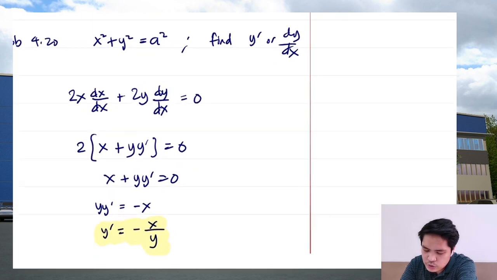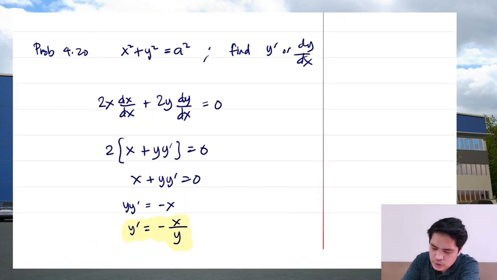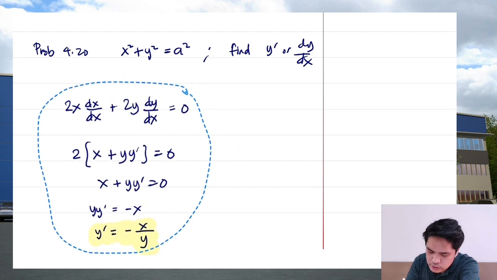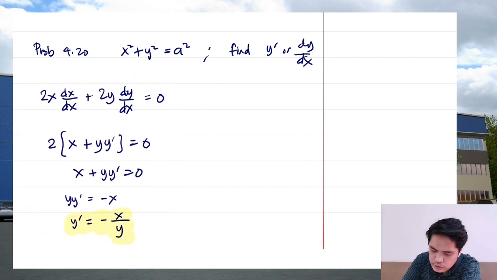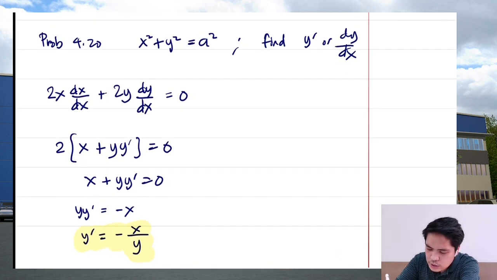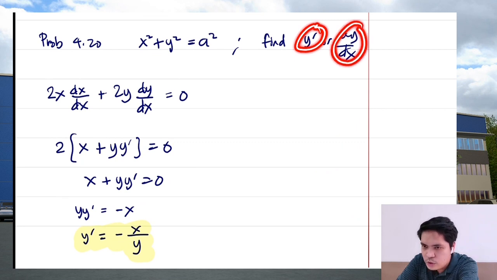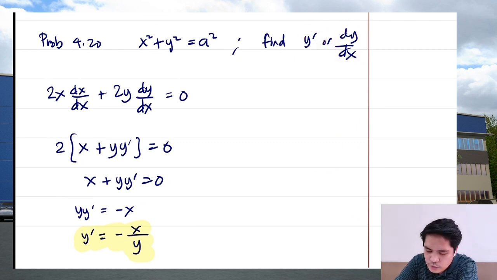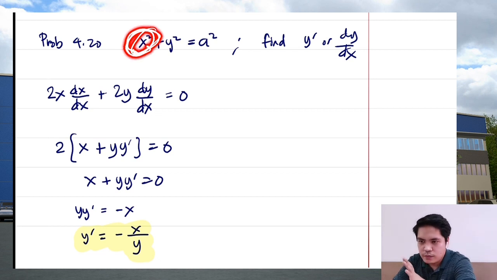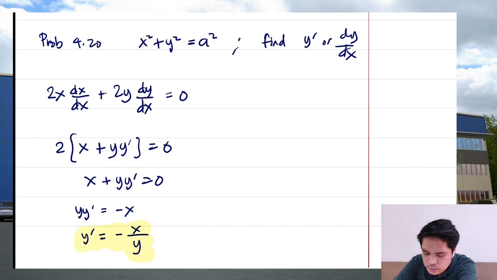Okay? So to make our very detailed solution short, we can just remember this. If we are looking for y prime or dy over dx, the derivative of a term with x is as is, just like the derivative we have known from the previous lesson. But if you take the derivative of y, we always multiply that by y prime.